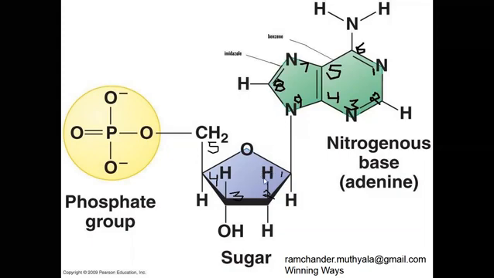If the sugar molecule is connected with purines with a glycosidic bond, that glycosidic bond is called a C1N9 glycosidic bond.